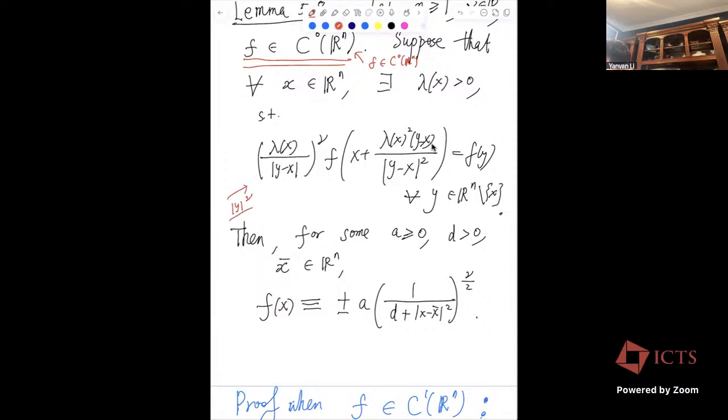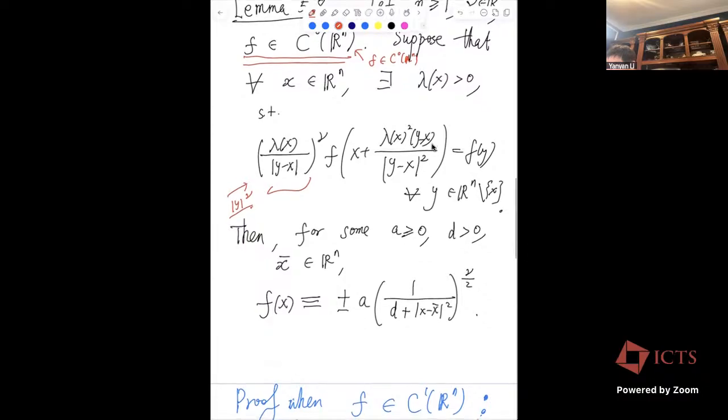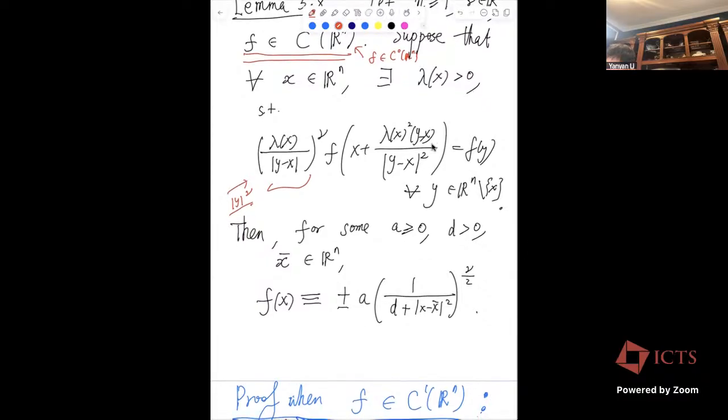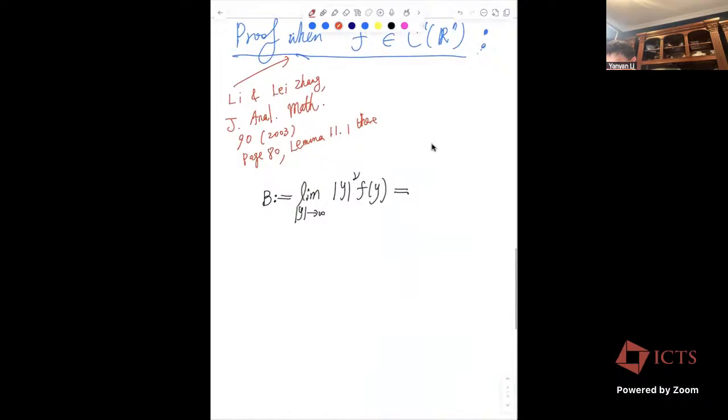When you multiply that, this hits that, and you send y to infinity, this will go to 1, and this will go to 0. So from there, this has a limit, and this limit is equal to f of x. And this is true for all x.